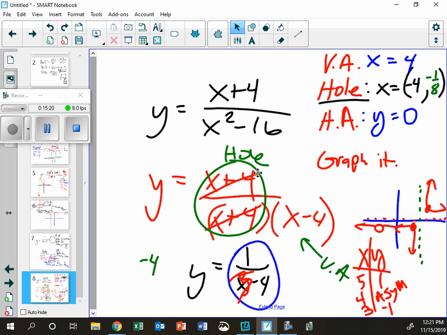Now, this is an interesting theoretical thing. The hole is just the number negative 4, the only thing that will crash it. Do you know how wide that is on a number line? How wide is the spot negative 4 on a number line?